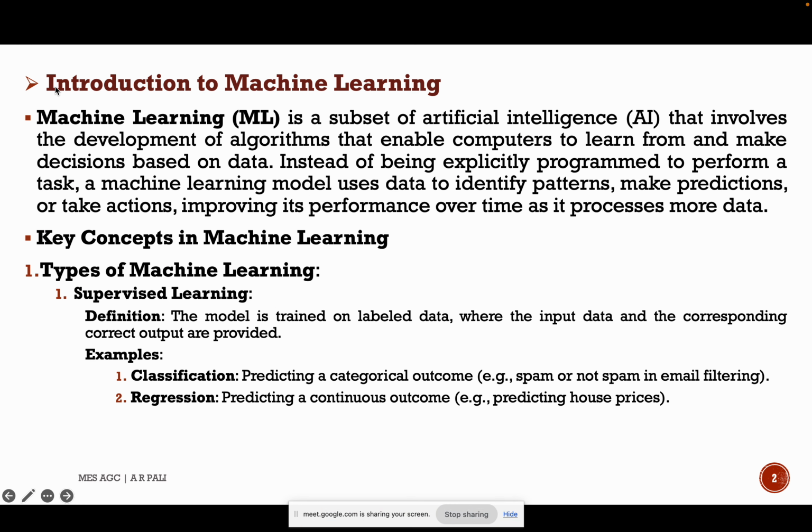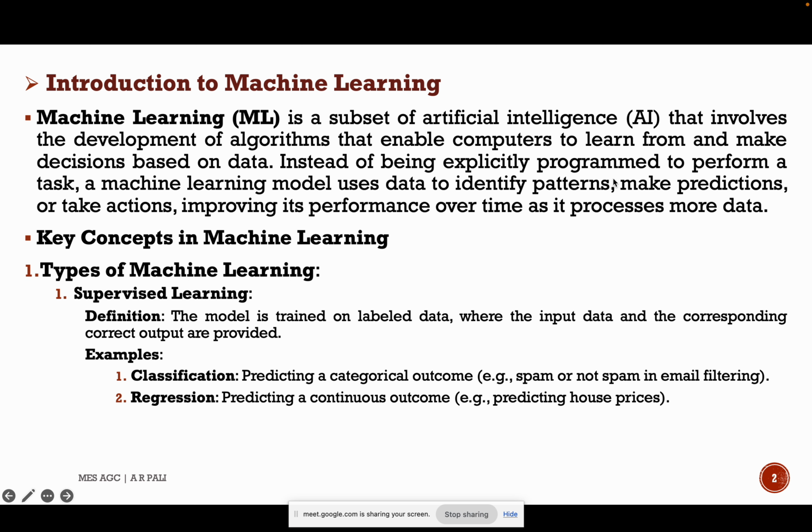So, introduction to machine learning. Machine learning is a subset of artificial intelligence, that is AI. Machine learning (ML) is a subset of artificial intelligence (AI) that involves the development of algorithms that enable computers to learn from and make decisions based on the data.